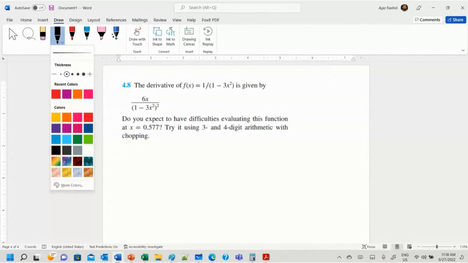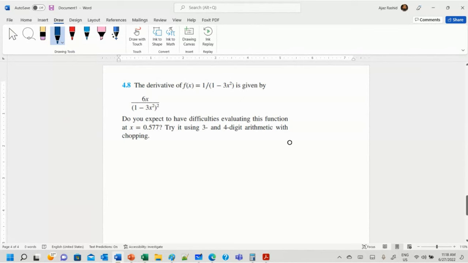I'll change the color of the pen, I'll make it blue. Now using three digits first. Now x is 0.577. 6x is 6 multiplied by 0.577.